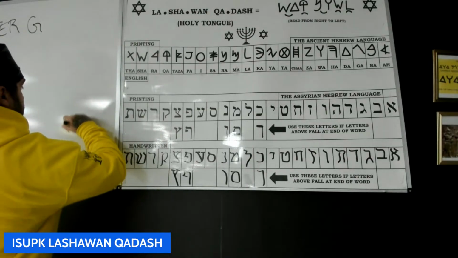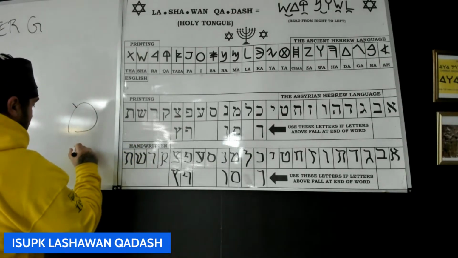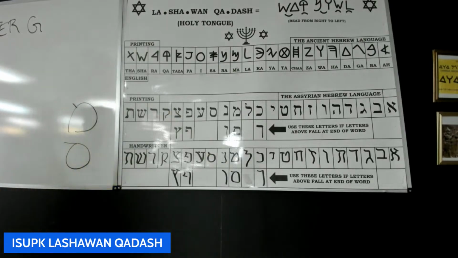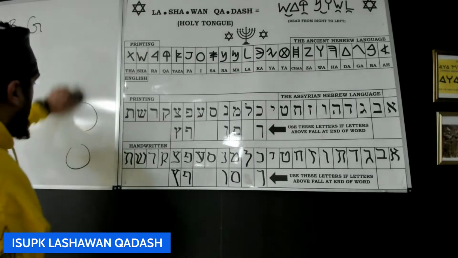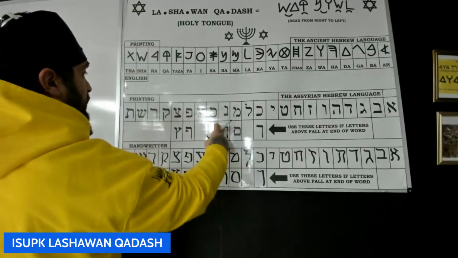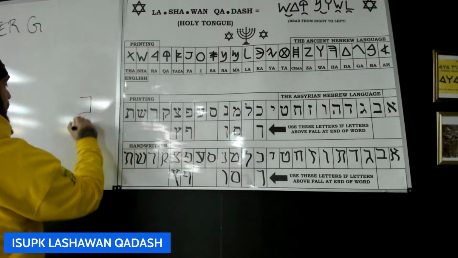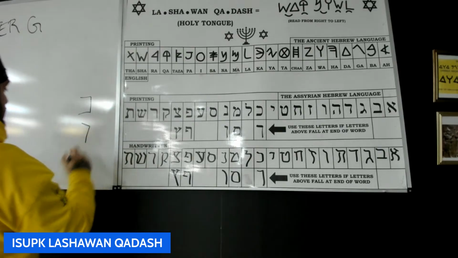All right. This is Ma. Then at the end of the word, Ma will look like that. Next one is going to be Na. Na, directly at the bottom, is going to look like that. And if it's at the end of the word, it's going to be like that.